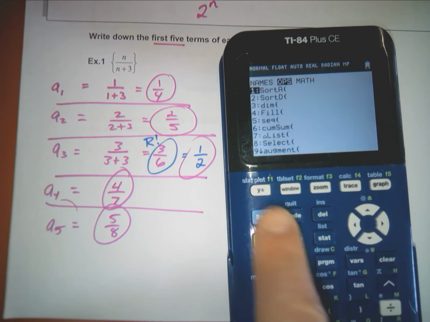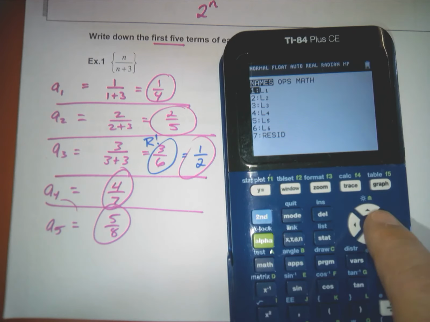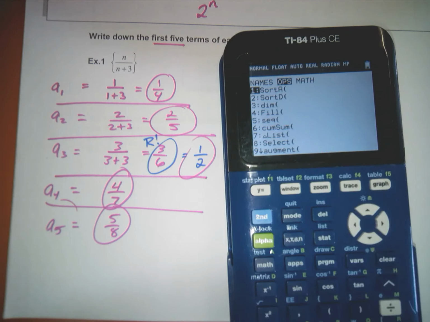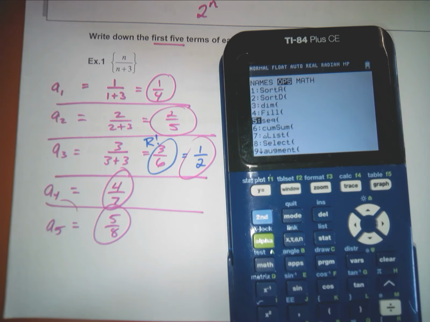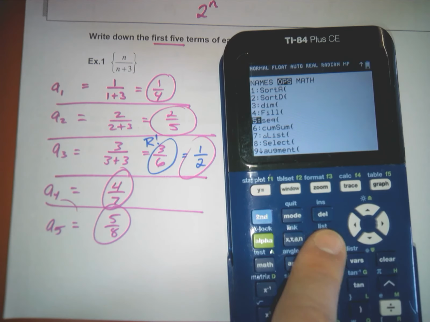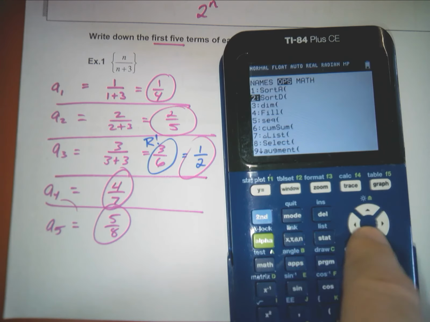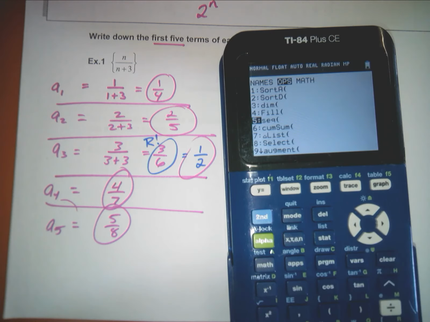Second stat, I'm going to toggle on over to OPS. OPS is for operations, and I want the sequence. You see number 5. So again, second stat, toggle on over to OPS, down to number 5, sequence. I'm going to press enter on sequence.